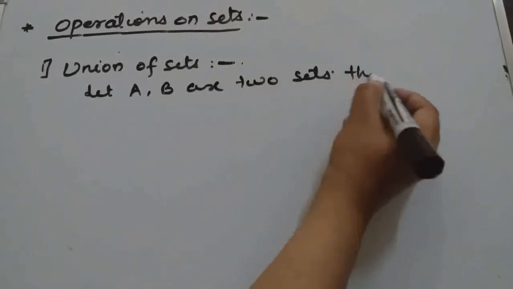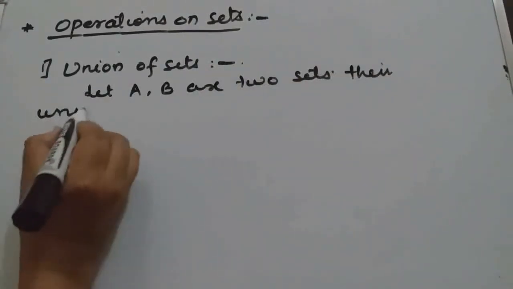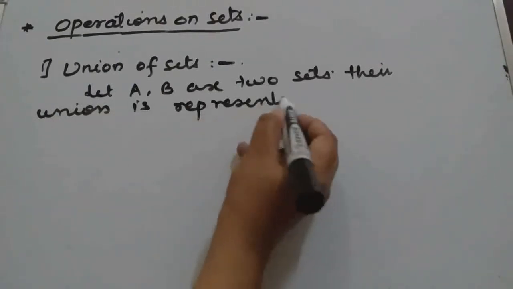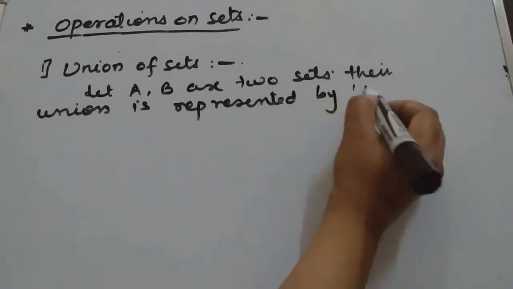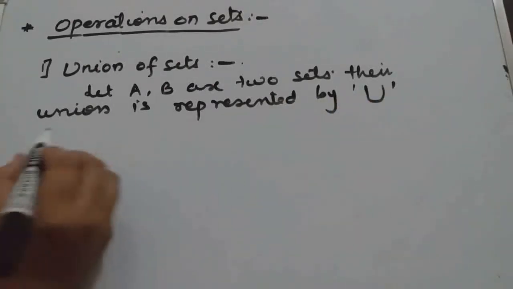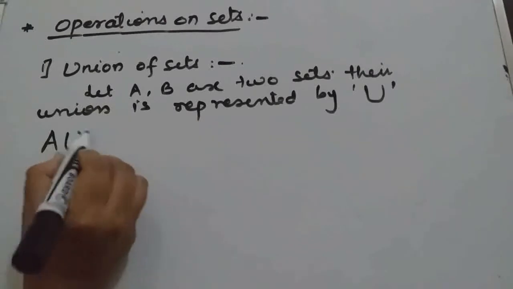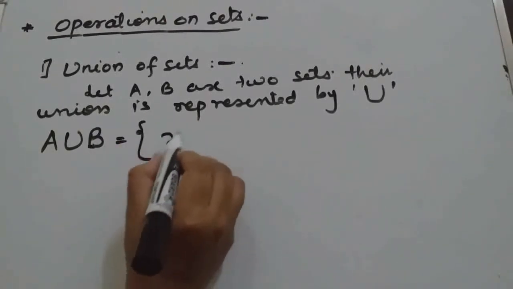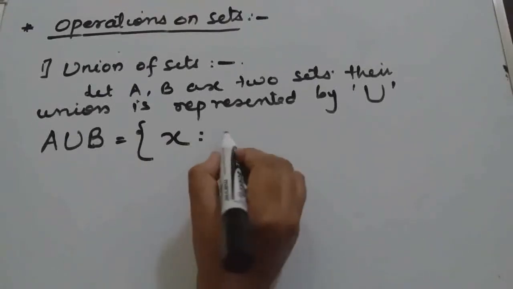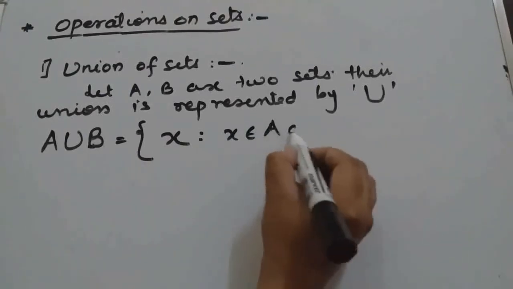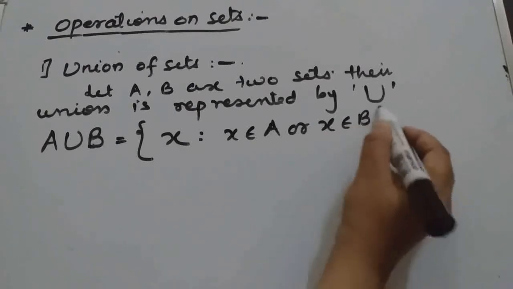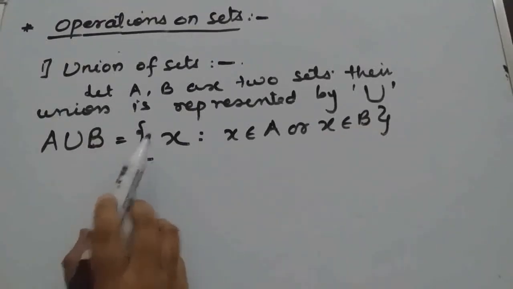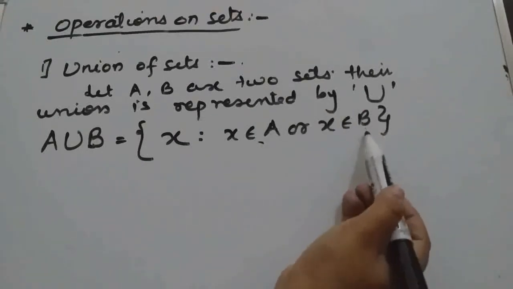Their union is represented by this symbol, ∪. We write this as A ∪ B, and this set is defined as containing all the elements x such that x belongs to A or x belongs to B. So the union of sets contains all elements which are either in A or in B.